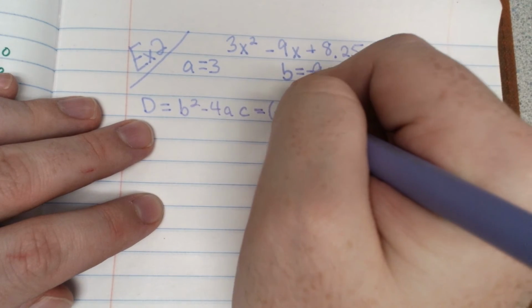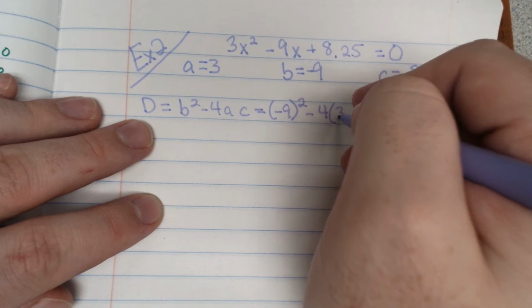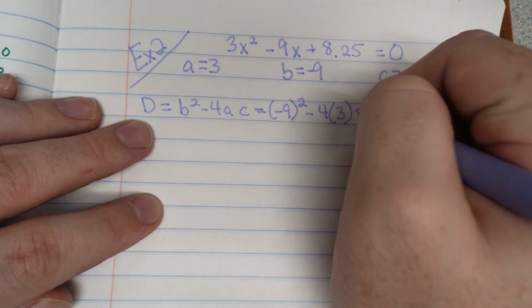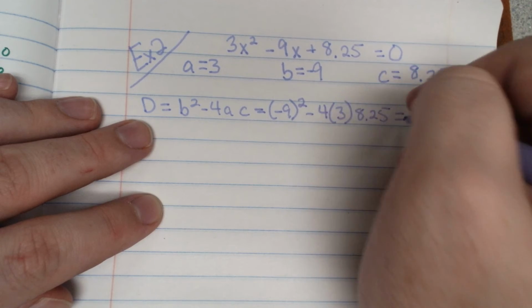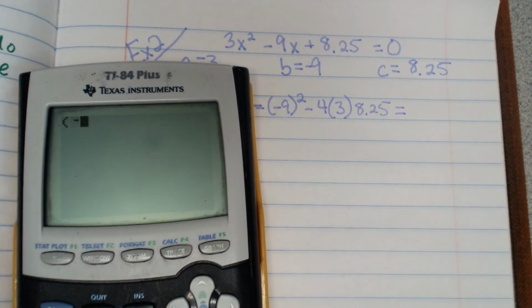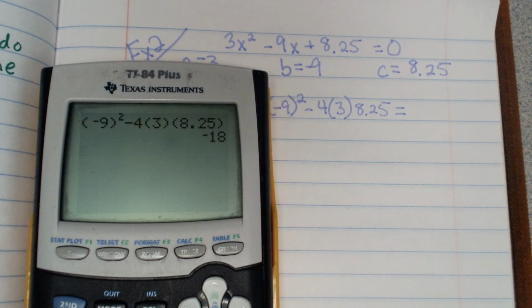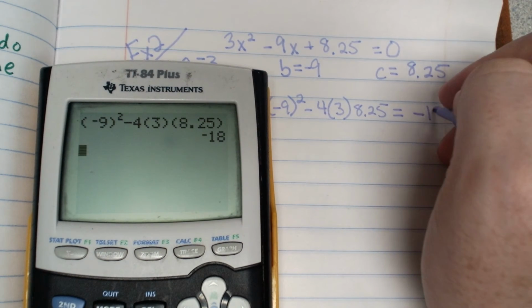Which is negative 9 squared minus 4 times 3 times 8.25, which is negative 18.